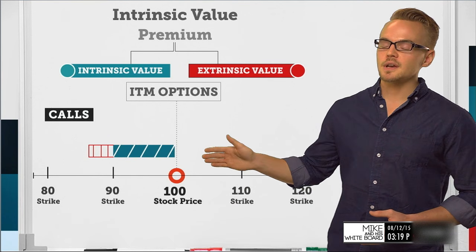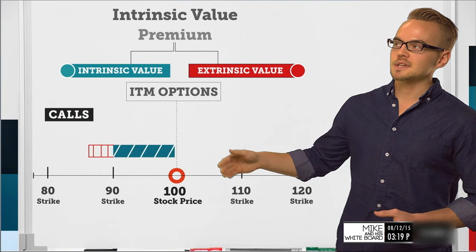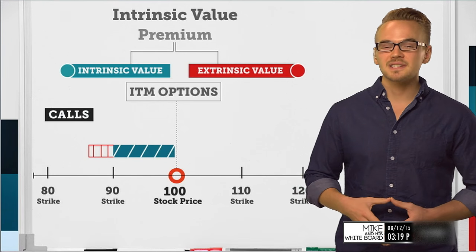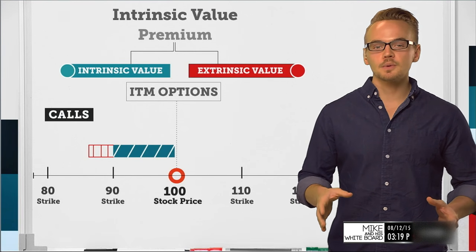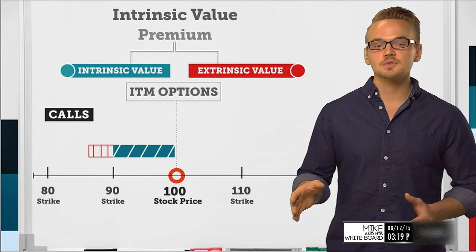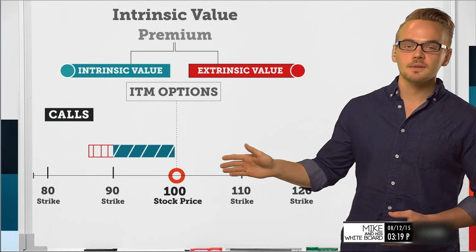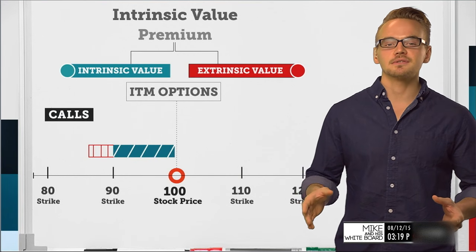The blue bar here is going to signify intrinsic value, and the red is going to signify extrinsic value. One thing to note is that when you're looking at in the money options, the option premium is always going to be more than the intrinsic value of the option. If I've got a 90 call and the stock price is trading at 100, I have 10 points of intrinsic value.